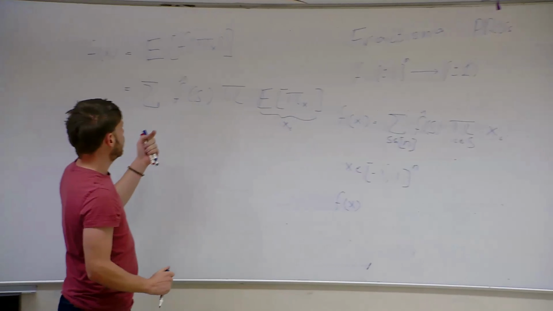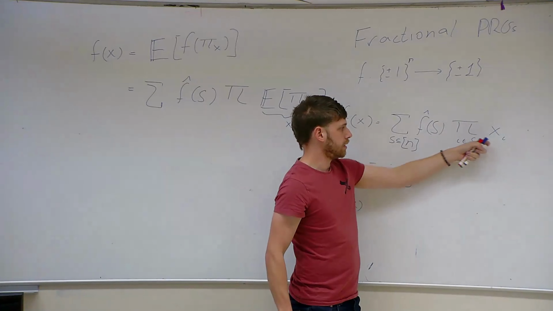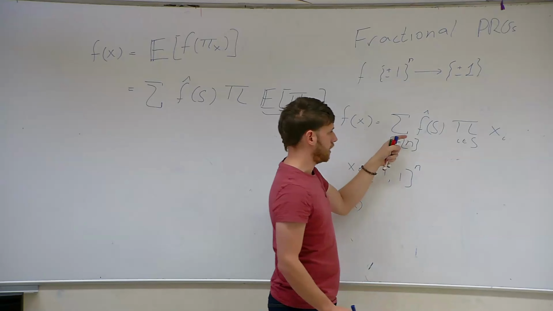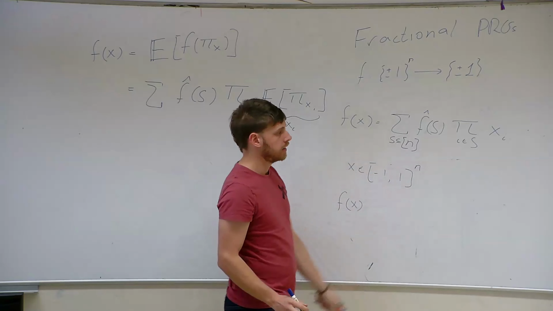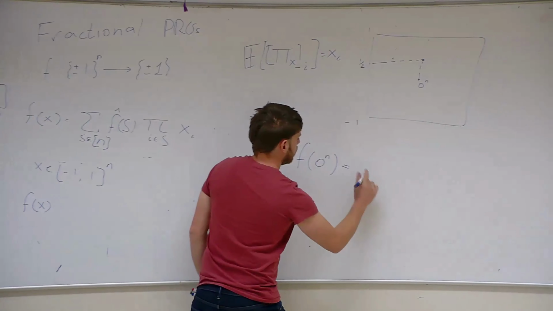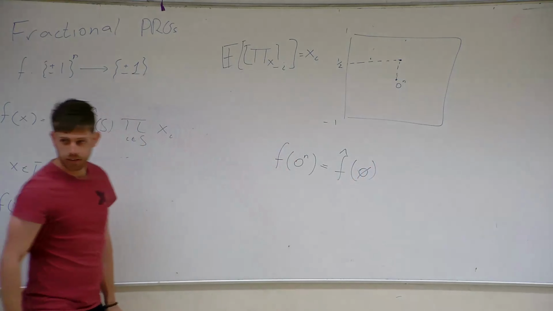And here you can see that you plug 0 to the n, so all the terms vanish except f hat of the empty set. Let's write it. F hat of the empty set.